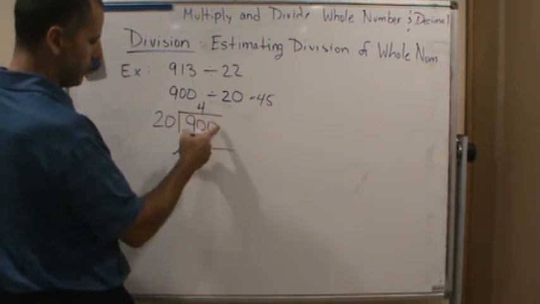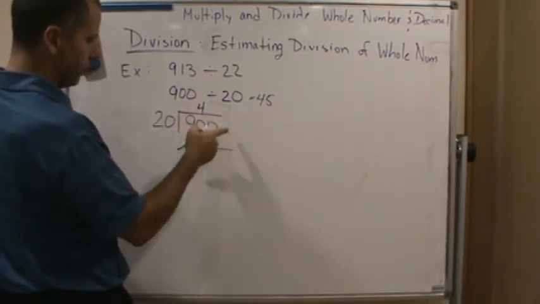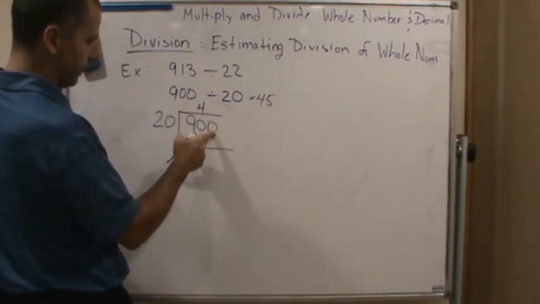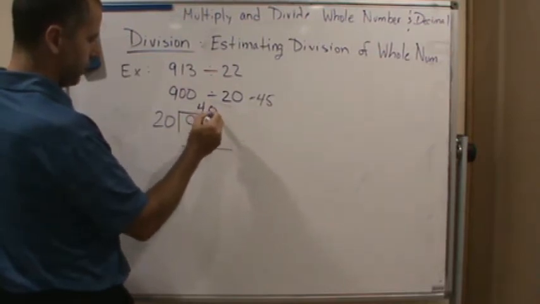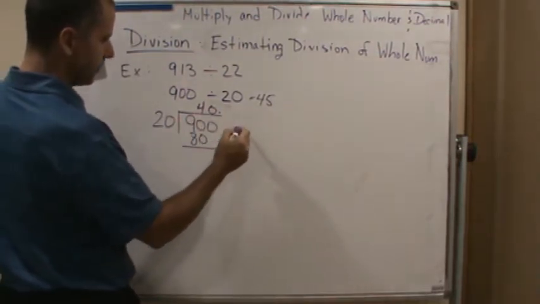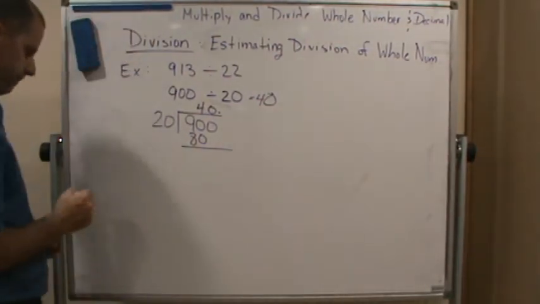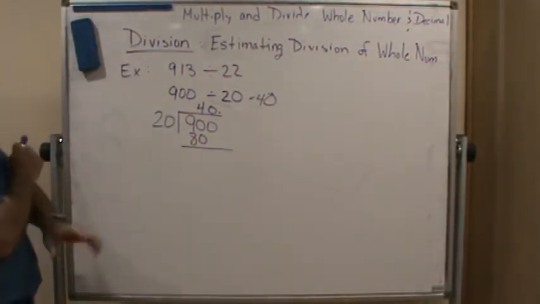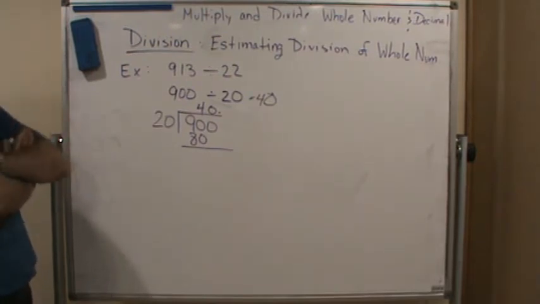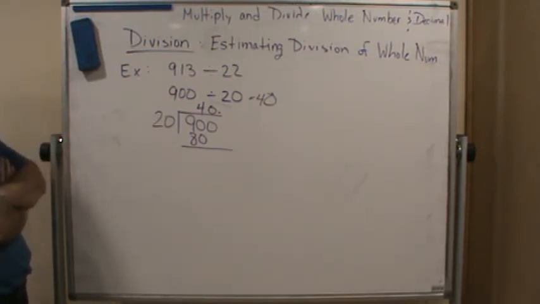So I've got one more place value here to the right of this one, right? So I'm going to put a 0 here. So the answer is 40. That's the estimate, based on the steps. There are different ways of estimating, but I didn't follow the steps, so these are the steps.